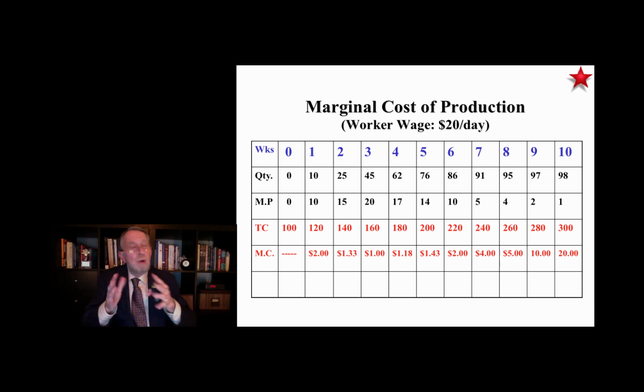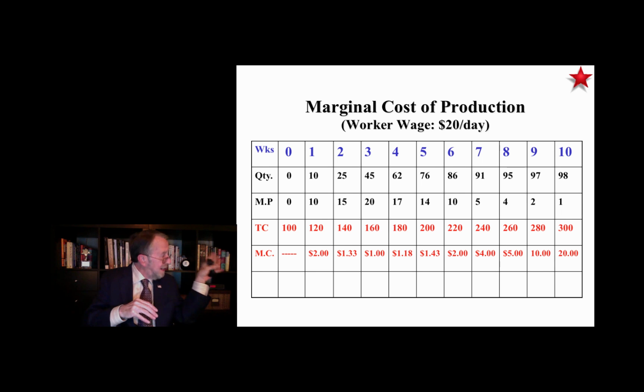And so marginal cost over that range was $1 per unit. But as marginal product declines, and each time it cost me 20 additional dollars, marginal cost increases. And you can see that from comparing the marginal product row with the marginal cost row.